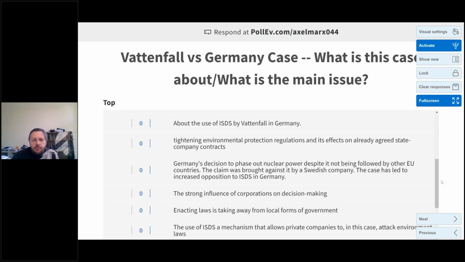The effect of environmental protection on, let's say, an already established investment contract between a state and a company. Okay, somebody points to the strong influence of corporations on decision making.